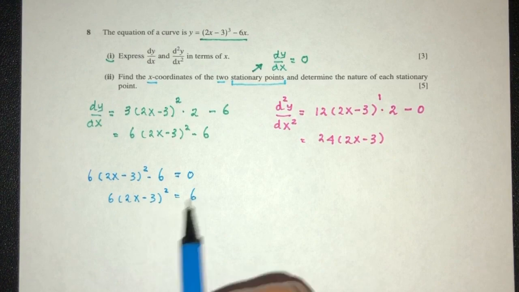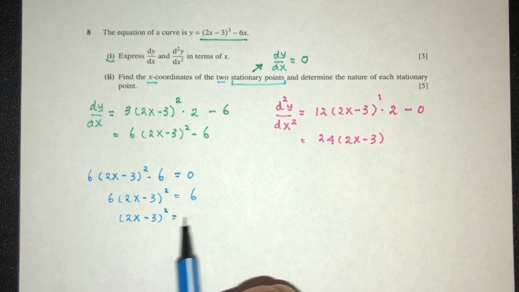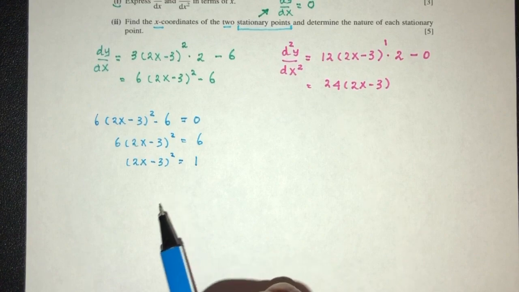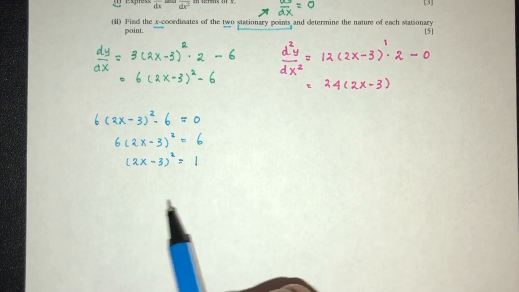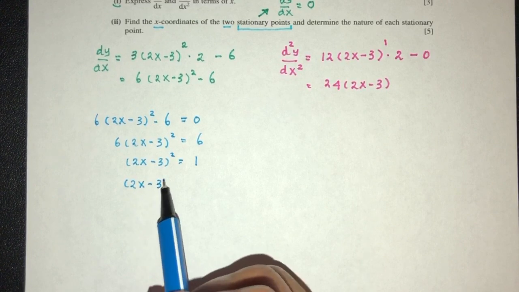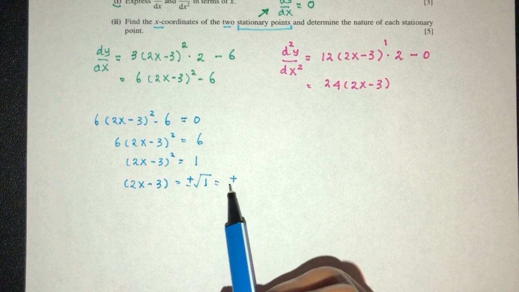We can divide by 6 on both sides, right? To cancel out those two, you will have (2x minus 3) squared equal to 1. There's two ways of solving this. We can take the square root, which will be plus minus root of 1, which is plus minus 1.